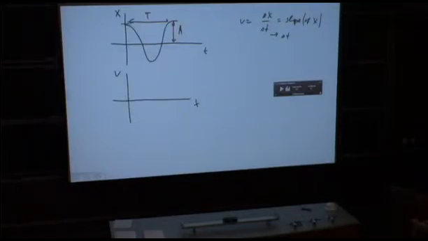Well, 0, some negative number, some even more negative number, some large negative number, but then it goes back to 0.